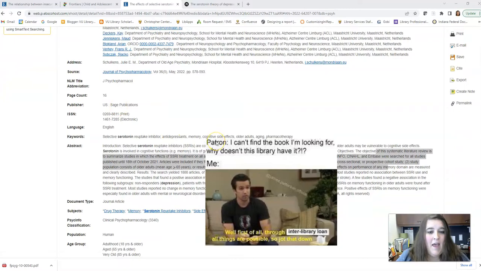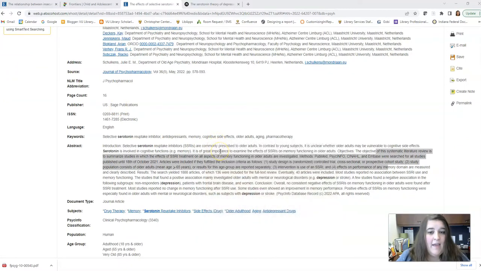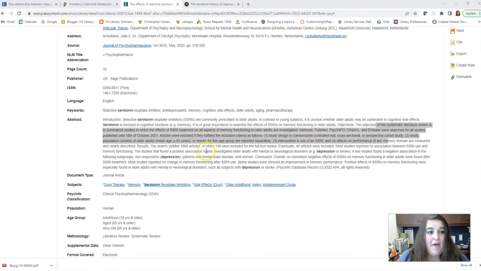It might at first glance look like a primary research article because it's going to have a method, but the method is actually only telling us how they conducted their research, how they got their results. So they're going to be telling us what databases that they searched in, the method, they looked in PubMed, they looked in PsycInfo, CINAHL. Those were the databases they used.